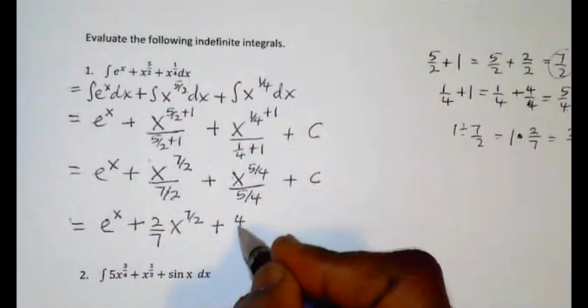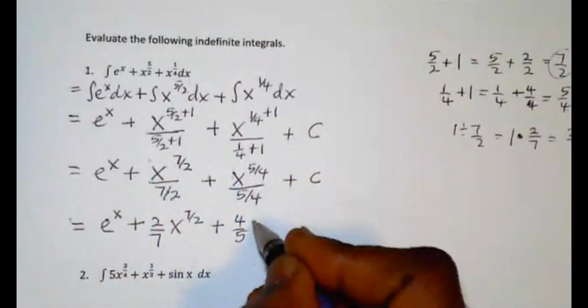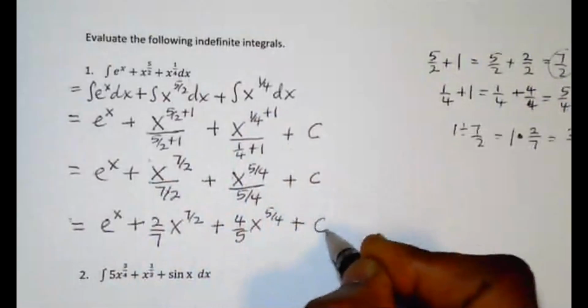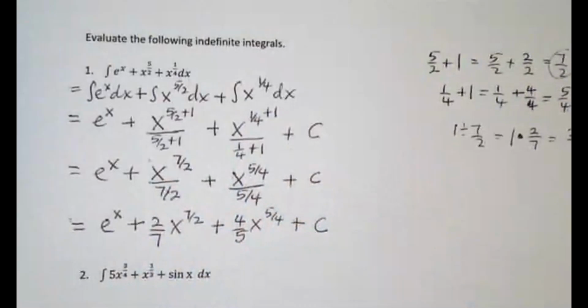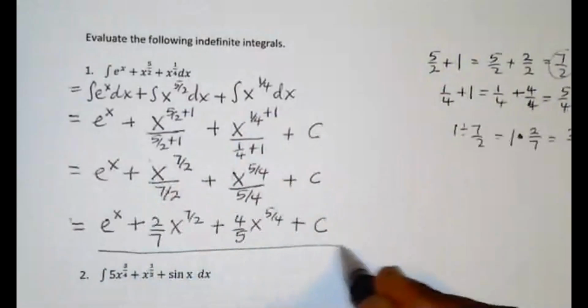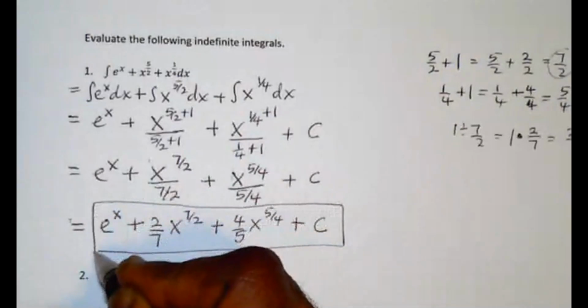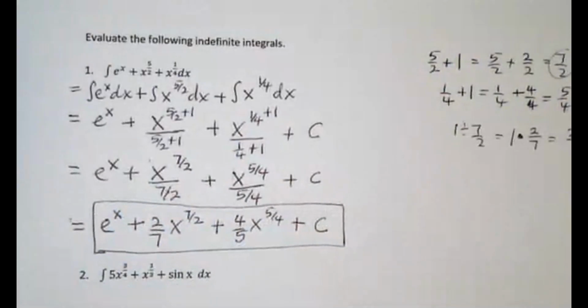So it's 4 over 5 times x to the power 5 over 4, plus the constant c. Right? So this will be our answer in the simplified form. Great. So take 30 seconds to look at what I've just done.